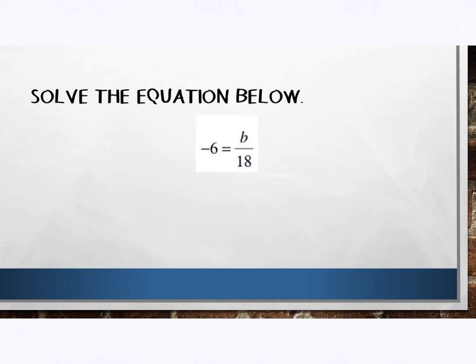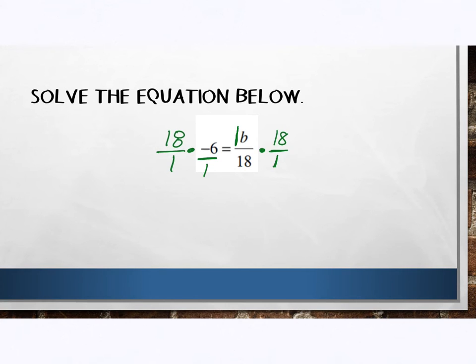I'm going to add my 1 with my variable just to have it there. To isolate my variable, I notice there's an 8 in the denominator on the same side as my variable, so I'm going to put the 8 in the numerator. Multiply by the reciprocal means I'm flipping it, multiplying by the inverse. I'm going to do the same thing on the other side of my equation, and then multiply like we would a regular fraction.